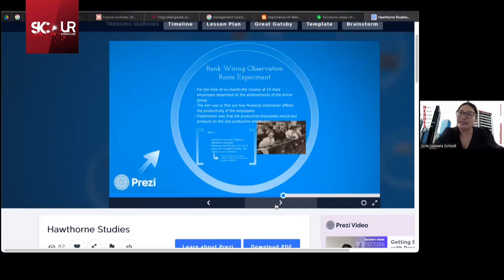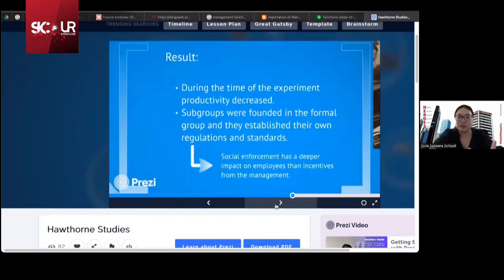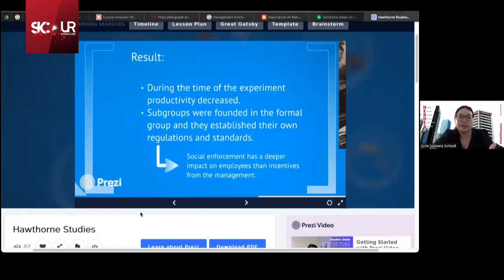This is a common thing, right? Because we would like to get the reward, but we need to make sure that everybody is performing as well. During the experiment, productivity actually decreased, and subgroups were formed within the group that established their own regulations and standards.